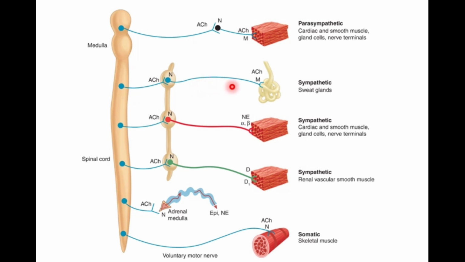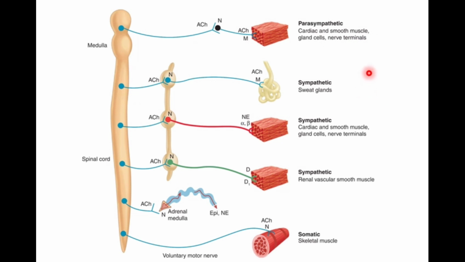The autonomic nervous system provides excitatory and inhibitory innervation of cardiac muscle, smooth muscle, or exocrine glands. In the parasympathetic section, both pre- and postganglionic neurons are cholinergic.